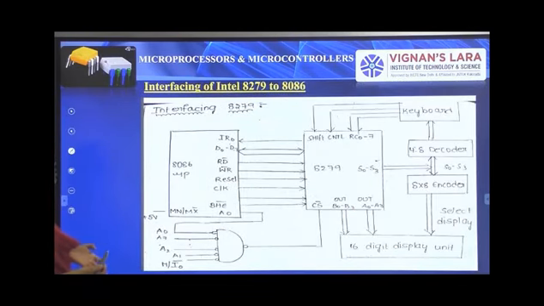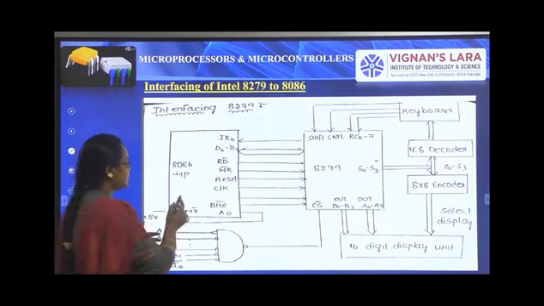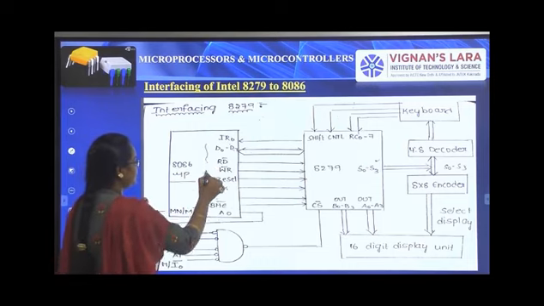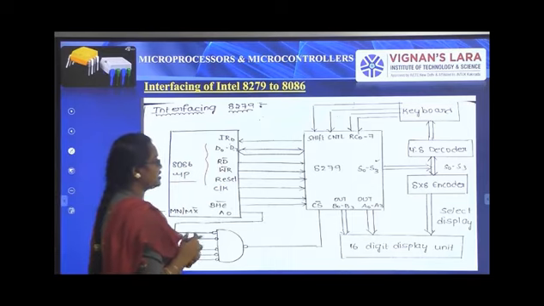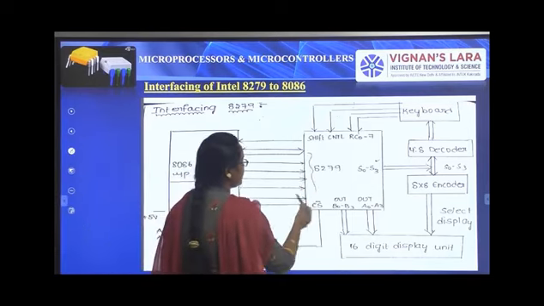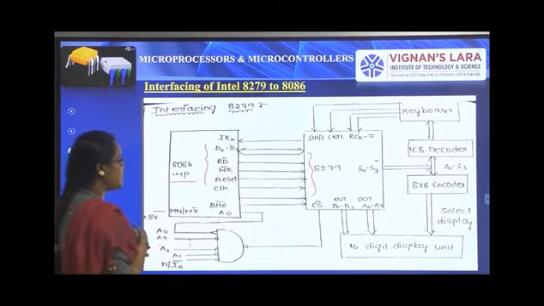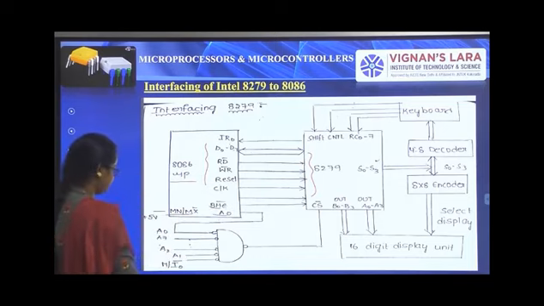See here, we are interfacing our 8086 microprocessor to the 8279. These are the pins of the 8086 microprocessor, which are connected to the 8279 by using the pins IRQ, D0 to D7, read bar, write bar, reset, and the clock, along with BHE bar, A0, and the maximum and minimum bar.